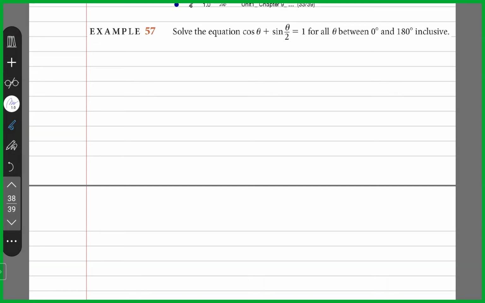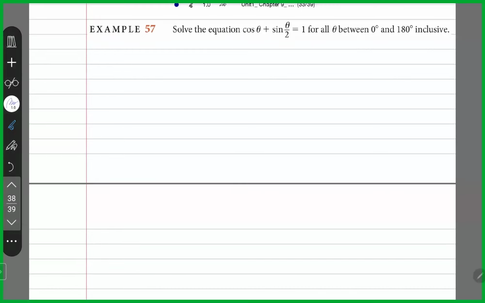Yeah, so example 57 says solve the equation cos theta plus sine of a half theta, or theta over 2, is equal to 1.